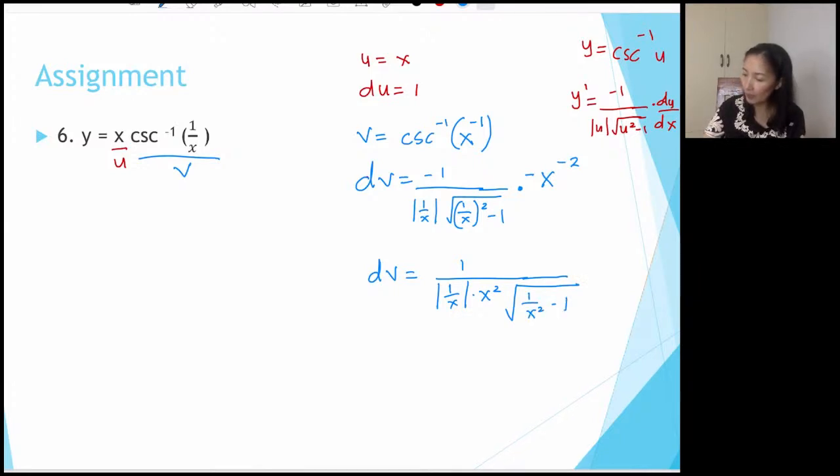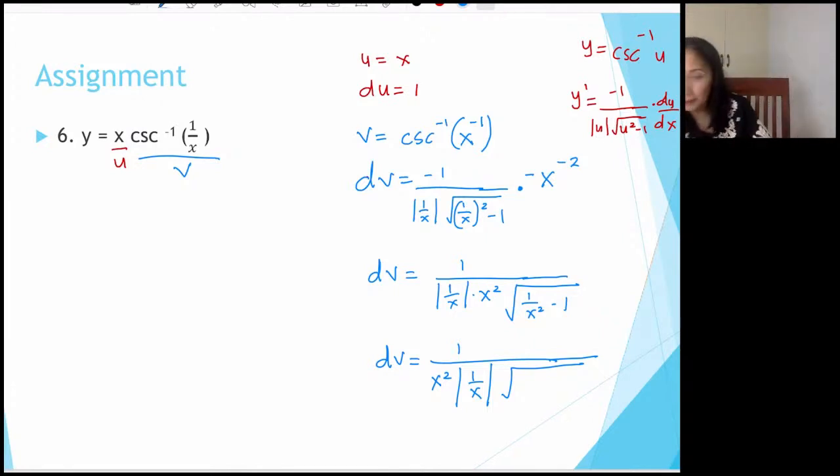And we can simplify this further. Inside the radical sign, we could simplify this as 1 over x squared, square root of 1 over absolute value of 1 over x, or 1 over x. Later we could cancel out. Square root of, if you simplify 1 over x squared minus 1, what will it be? 1 minus x squared, correct?